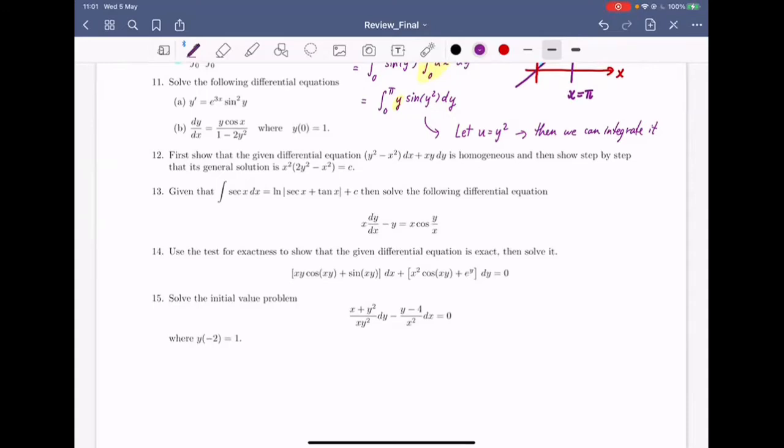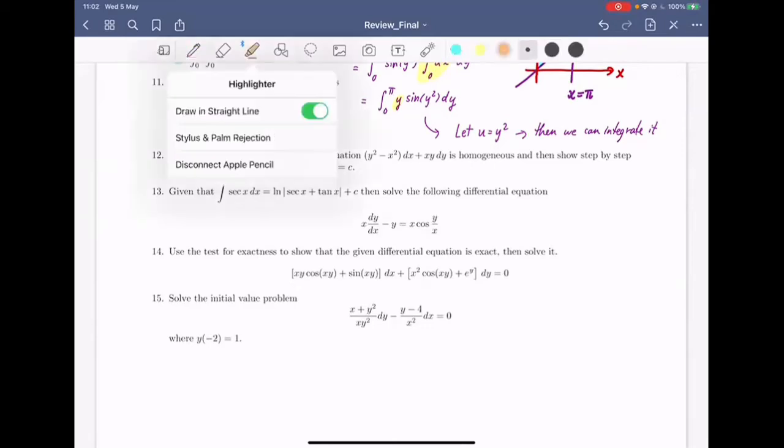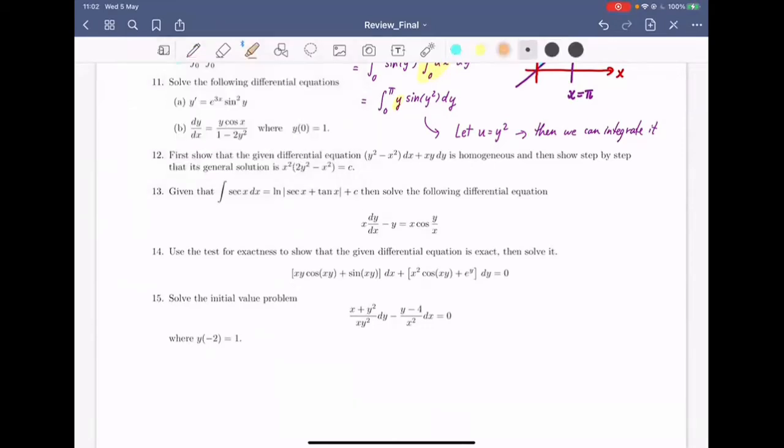Let's do question 12 first because I see that it is for sure a homogeneous differential equation. First, show that the given differential equation here is homogeneous, and then show step by step that its general solution is this one. So you have to simplify until you get the form I want.